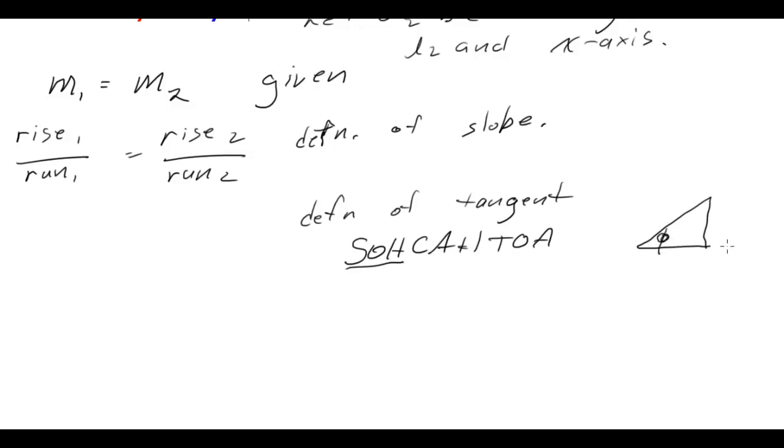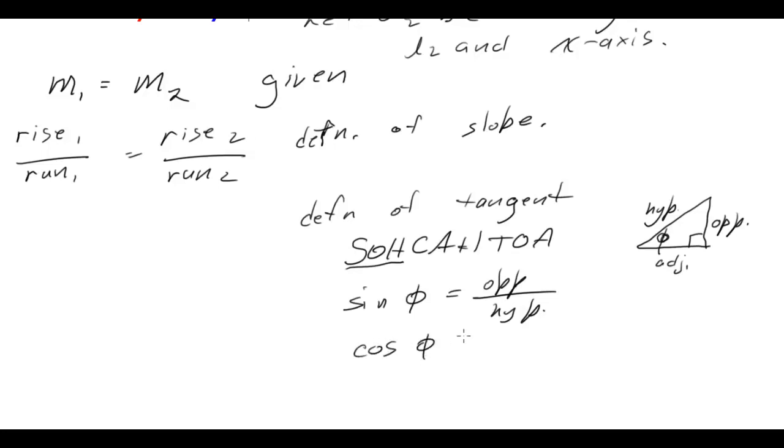The side of the triangle, and it's a right triangle, that's opposite is called opposite, and the side that's adjacent to phi is called adjacent. Obvious sorts of names. And the longest line in a right triangle is called the hypotenuse. So as you may recall, the sine of phi was the opposite over the hypotenuse. The cosine of phi was the adjacent over the hypotenuse.